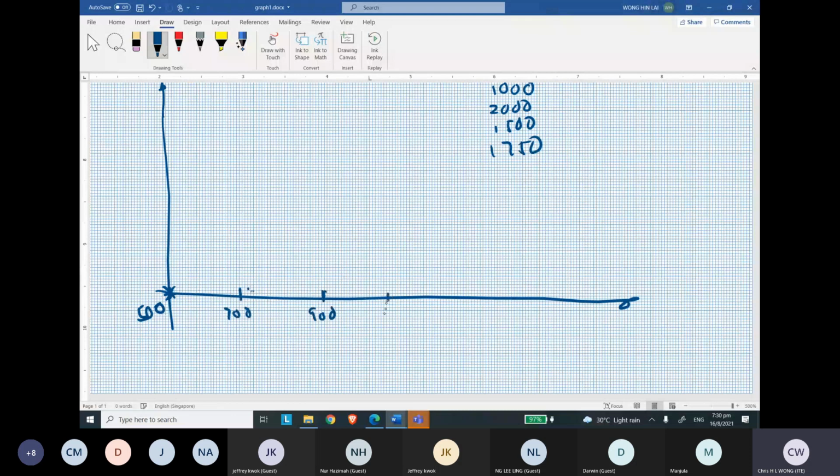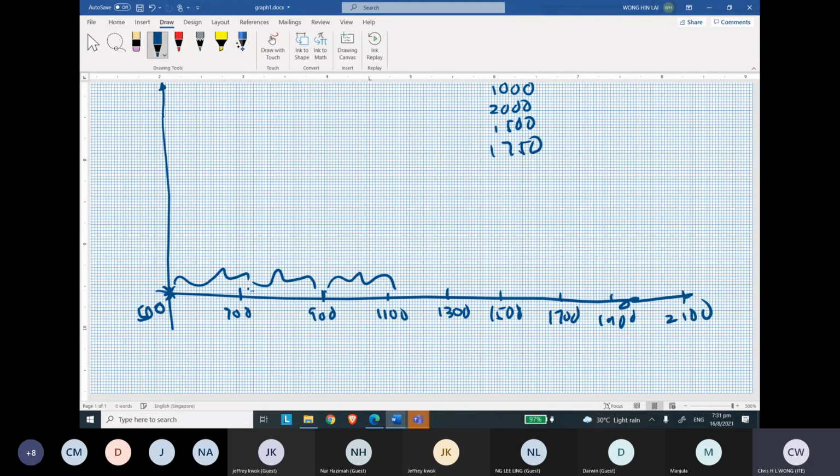This is 1,100. Depending on number of squares, like I say, your squares must be the same, okay? Another one could be 1,300. This is 1,500. This is 1,700. This is 1,900. This is 2,100.